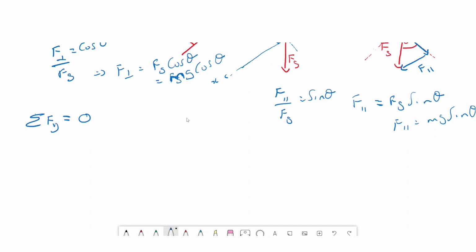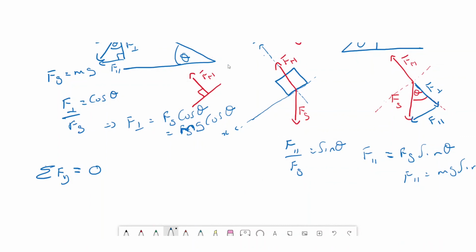What are the forces in the y? If you look at this, remember how my y looks. I have y like that, and I have my x like that. So anything pointing that way or that way is on the y. The only thing pointing up is Fn, and the only thing pointing down is F perpendicular.